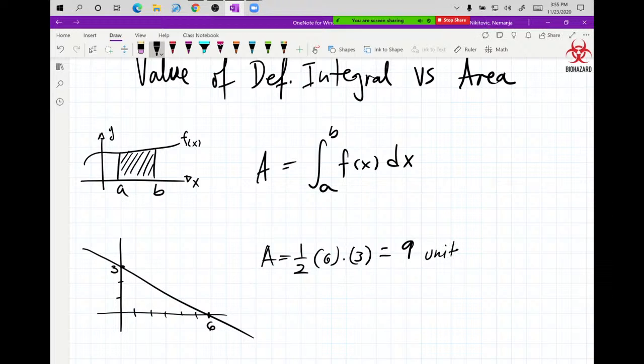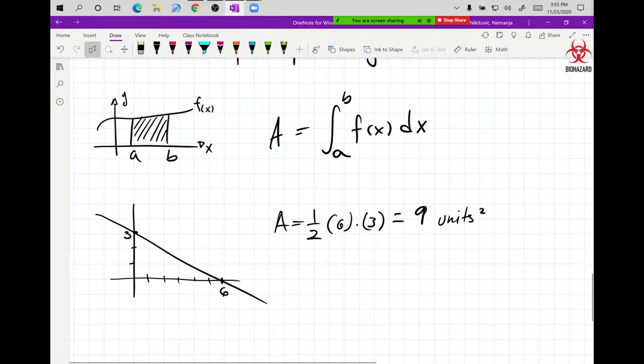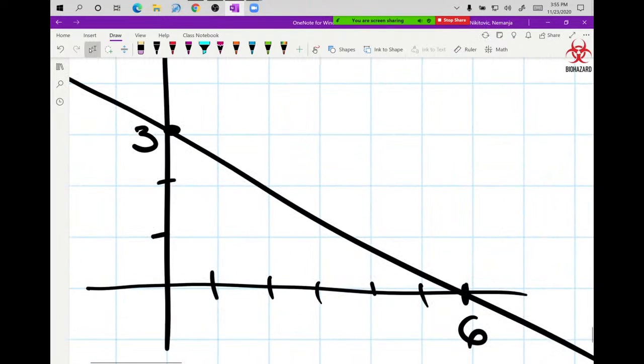So you can go into this picture and physically count 9 squares. 1, 2, 3, 4, 5. This should go through here, so 6.